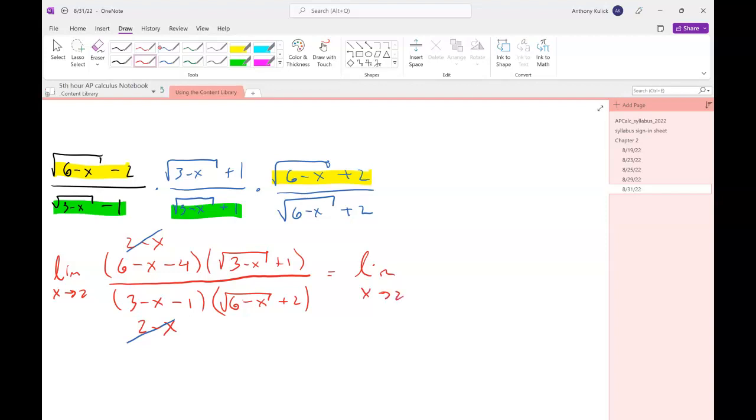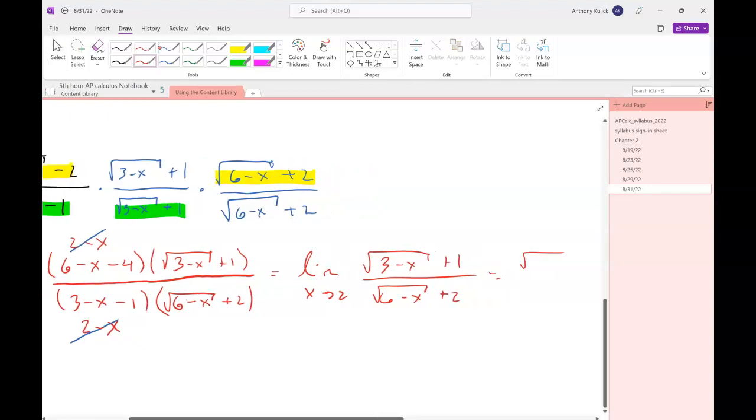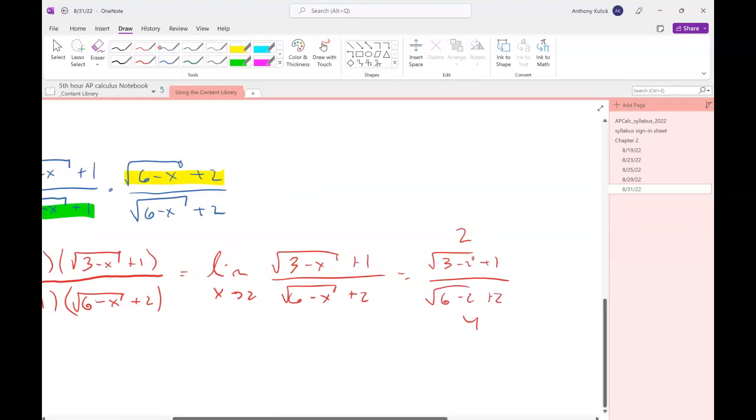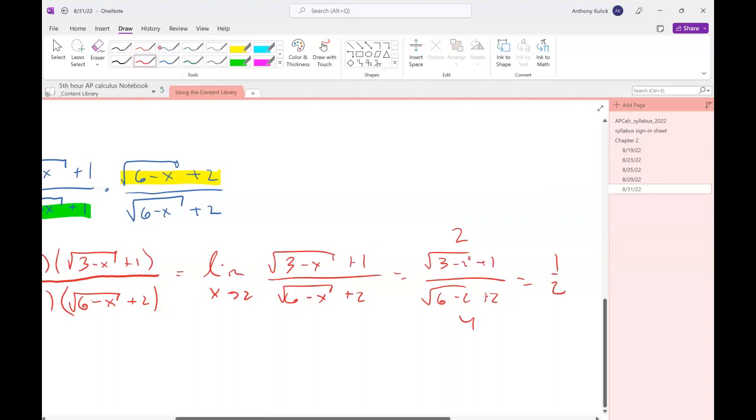That solves our problem, because we're adding now instead of subtracting. So when I do my direct substitution, 3 minus 2 plus 1 is 2. And then root 6 minus 2 plus 2 is 4. So I get a half.